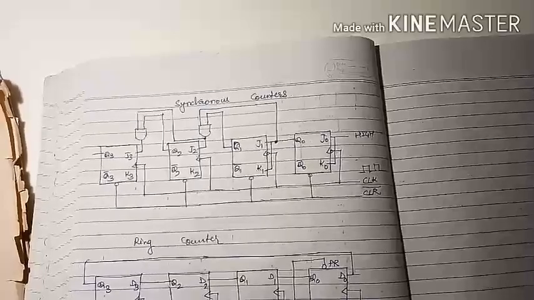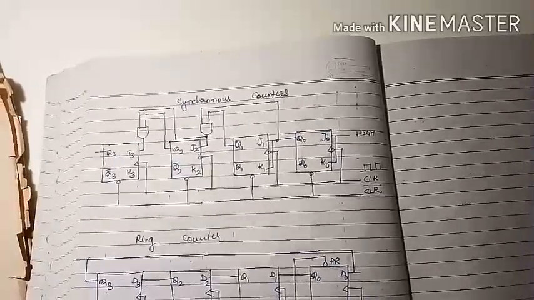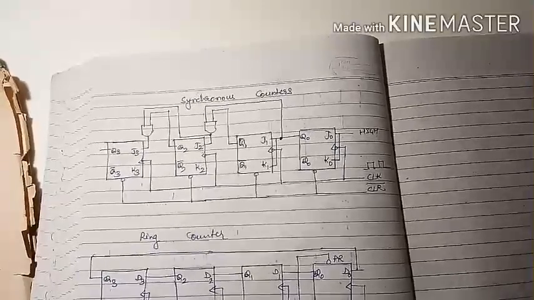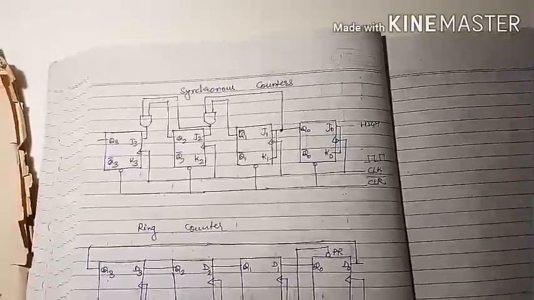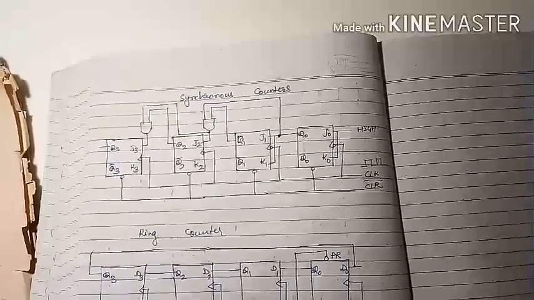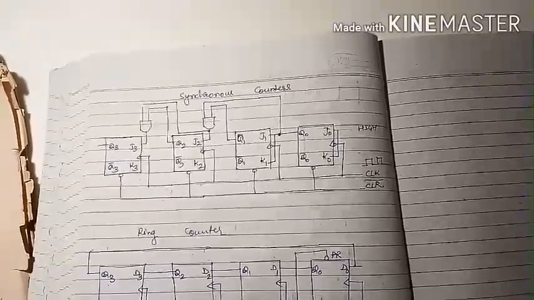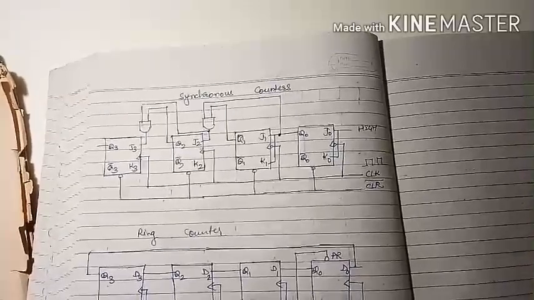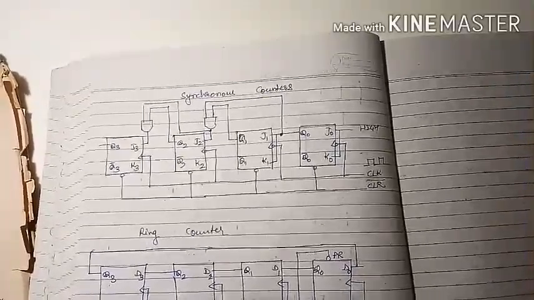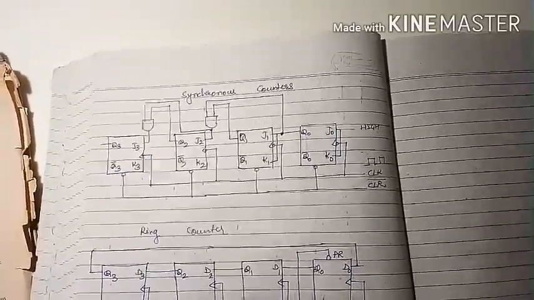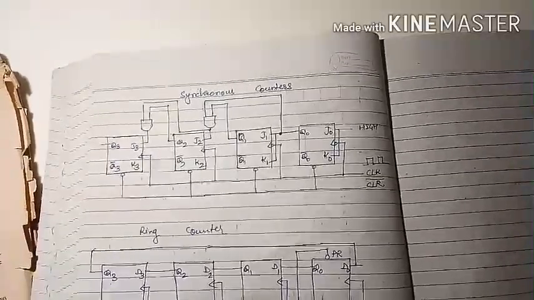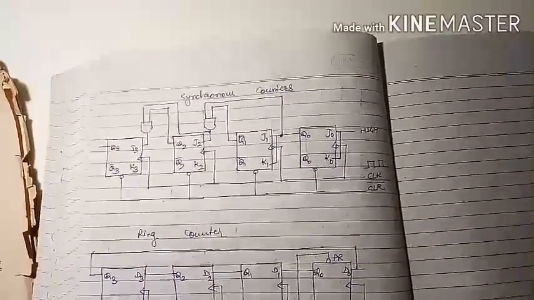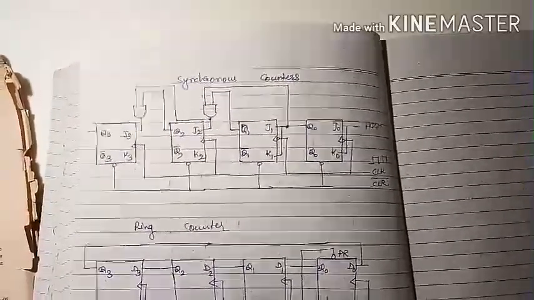Because Q1 and Q0 are now 1s, the Q2, Q1 and Q0 flip-flops are conditioned to toggle when the next positive clock edge arrives. So Q2, Q1 and Q0 toggle simultaneously, and after one propagation delay time, the output word becomes 0 1 0 0. In this way, the synchronous counter works.